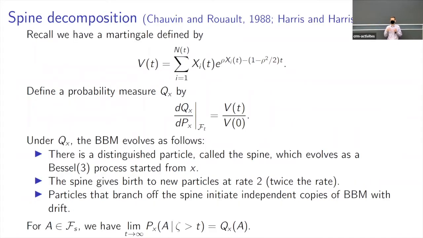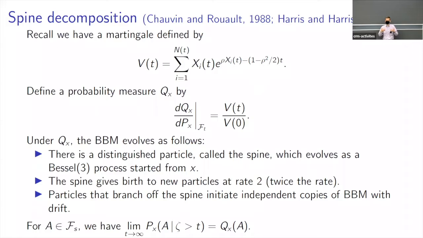So finally, I want to comment on how this result in the slightly subcritical case is proved, mostly because this will allow me to introduce an idea that is widely used in the study of branching Brownian motion, but will not come up again in these lectures, and that is the spine decomposition. So recall that we have this martingale v that we defined earlier, and if we were to divide it by v of 0, that would give us a mean 1 martingale.